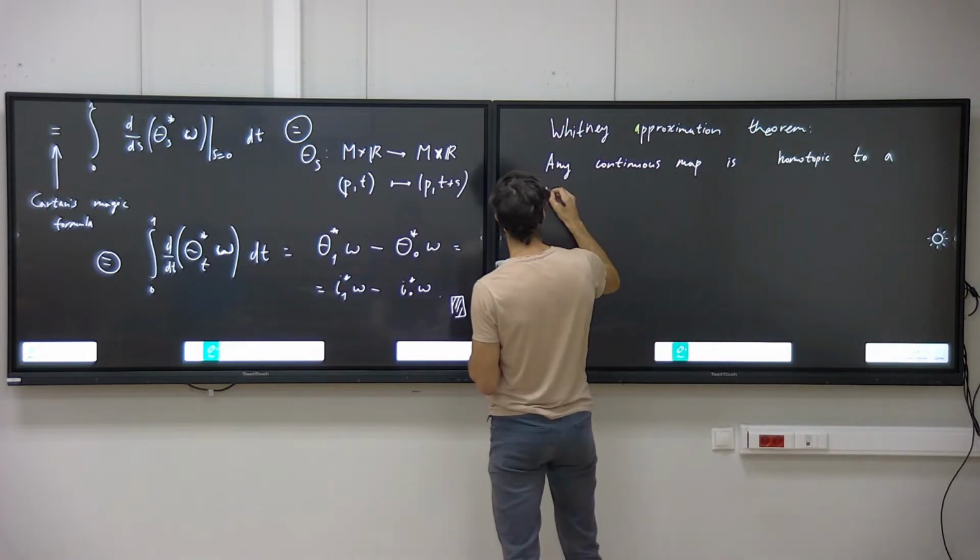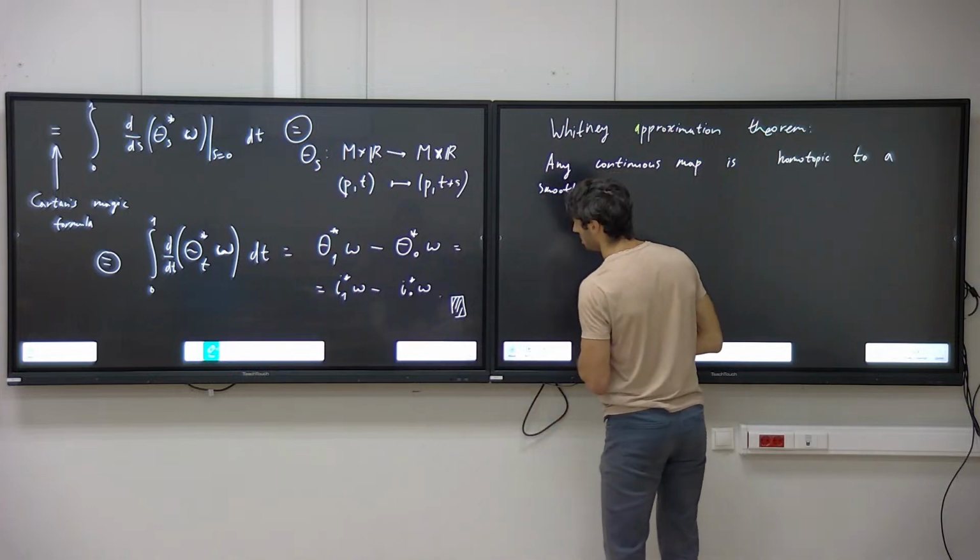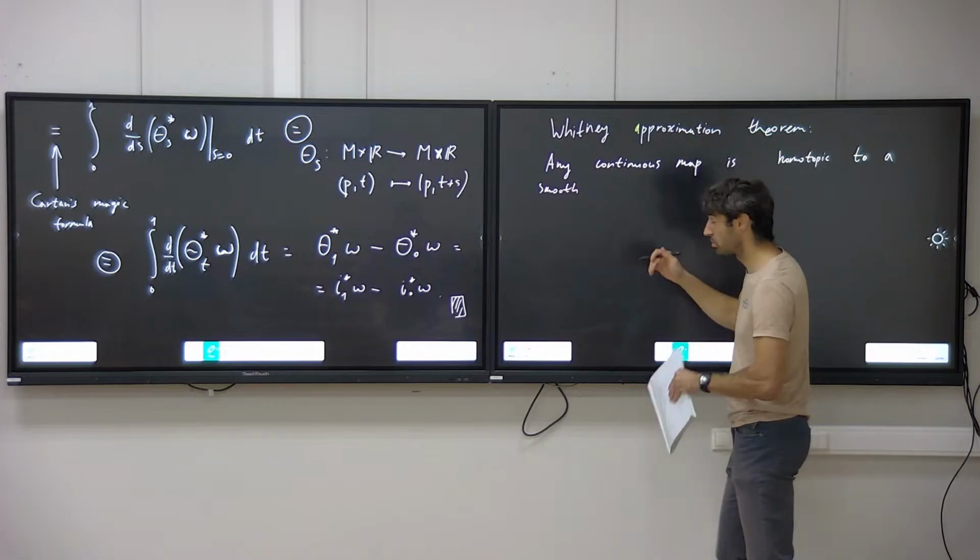It's a very strong theorem, and it becomes very handy, but you need a whole lot of theory to prove it.